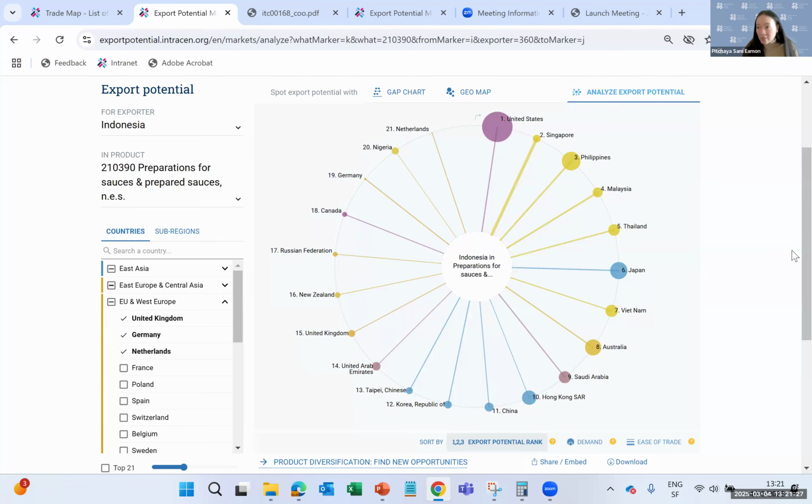These are all ASEAN countries. So they have a thicker line than other countries that, let's say, Indonesia does not have a trade agreement with. But the thicker the line, the bigger the ease of trade. So this is what's available in the export potential map.